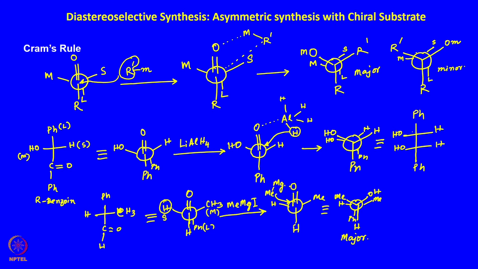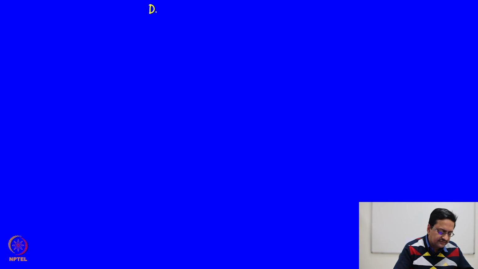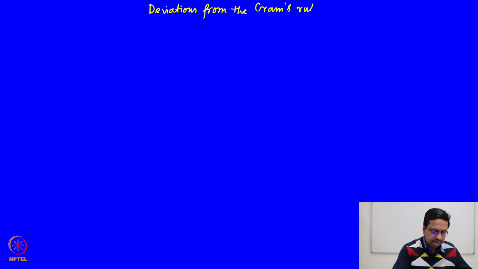So, you can see here, the formation of the major product is based on the understanding of making the molecule like this, which was proposed by Cram, where he proposed that the large group will be in eclipse condition with the other group in the carbonyl compound and it will be anti to the C double bond O. With that understanding, there are certain deviations from Cram's rule.